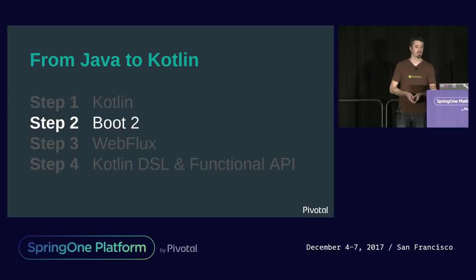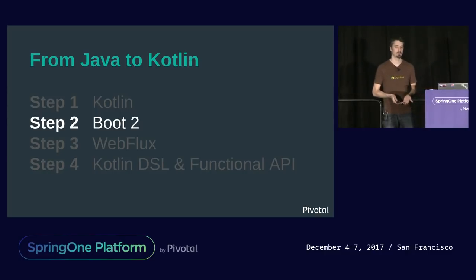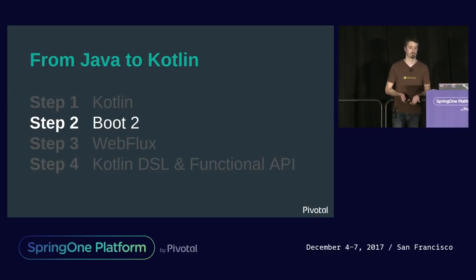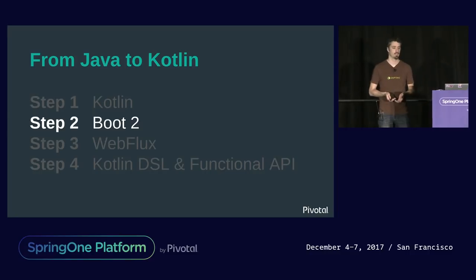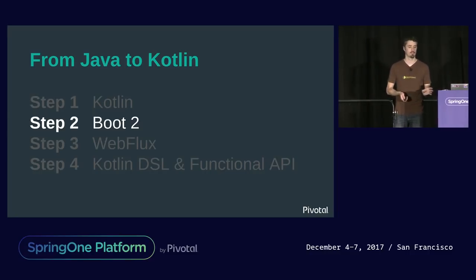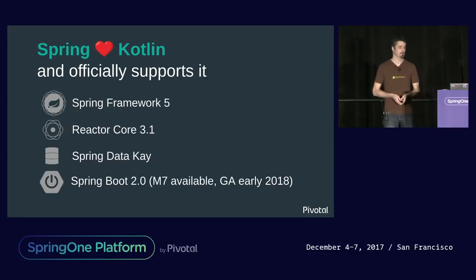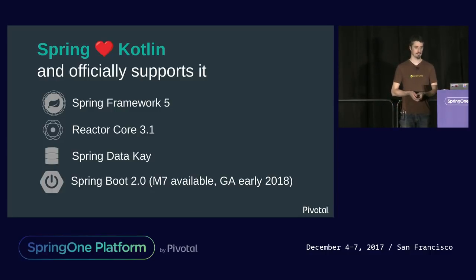So we are going to switch to Spring Boot 2, which provides support out of the box for Kotlin. Until now, we were on Spring Boot 1, which does not specifically support Kotlin. Even with Spring Boot 1, that's already an advantage of using the language. So when I say that Spring loves Kotlin and officially supports it, I'm not only talking about Spring Framework 5.